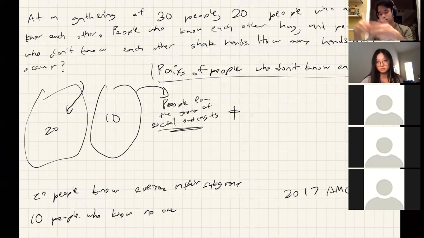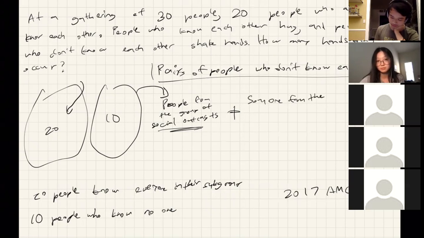So pairs of people who don't know each other are pairs from the same group of social outcasts. And pairs of people who don't know each other can also be someone from the 20-person group and a social outcast, right?